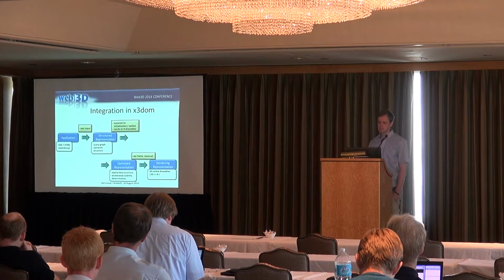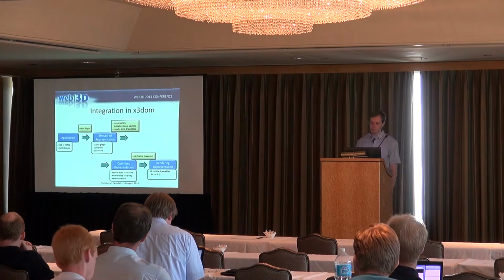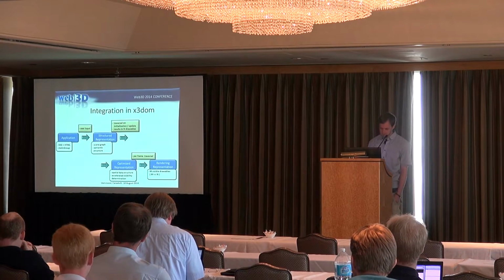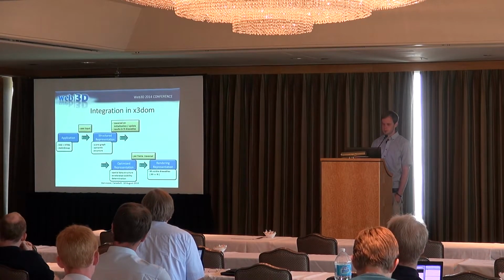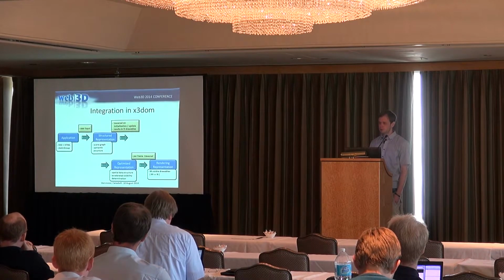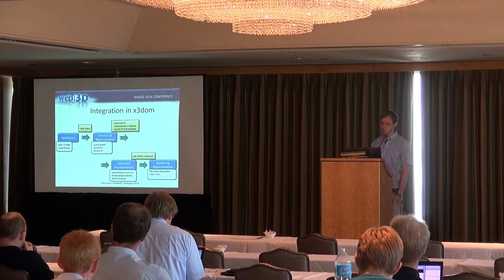This is how we integrated the spatial data structures into X3D and X3DOM. For the user to easily identify the parts of the scene which should be processed by the spatial data structure, the respective X3D description is wrapped in a static group node, which you see on the left.